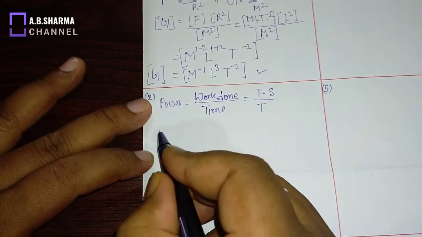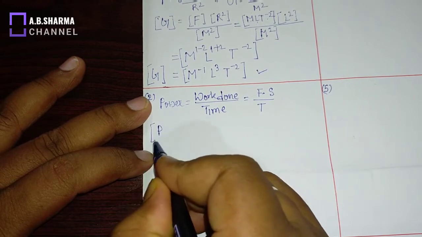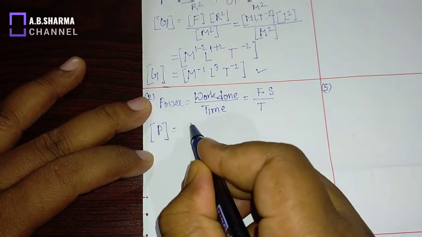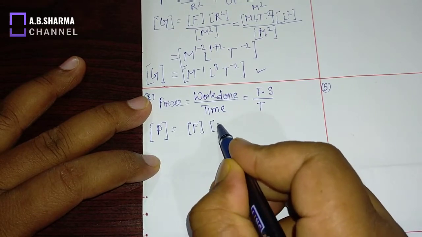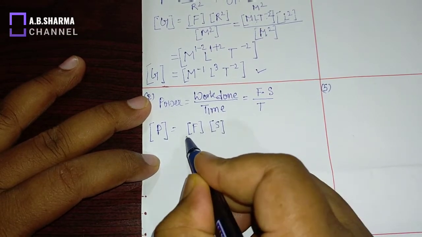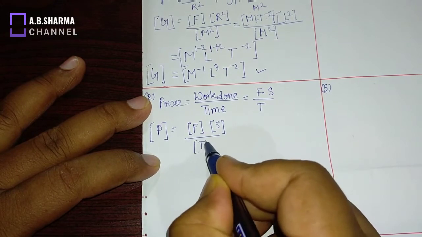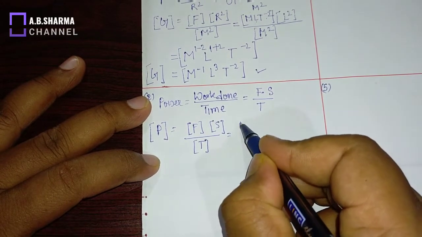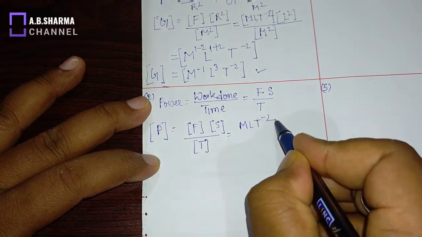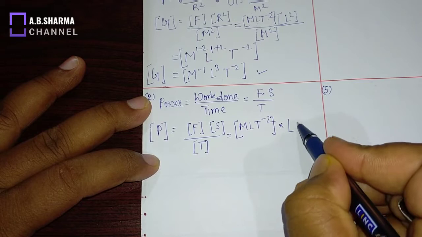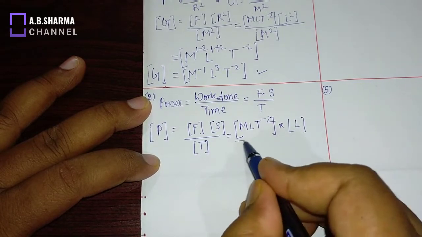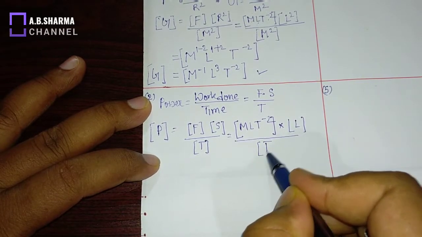So the dimension of power, that is P, will be dimension of force, dimension of S, over T. So force is M L T minus 2. S is the displacement, so this is L, and this is the time.